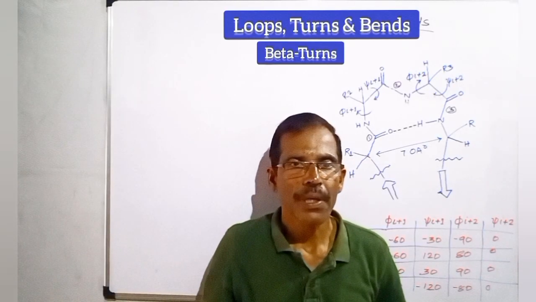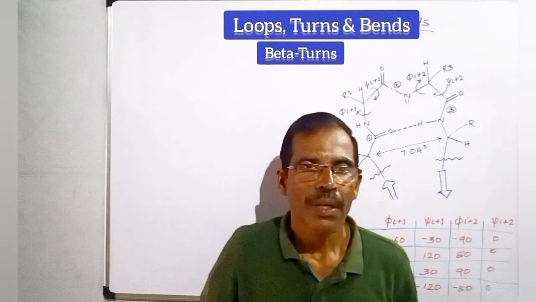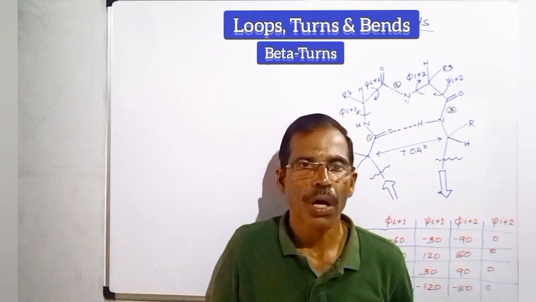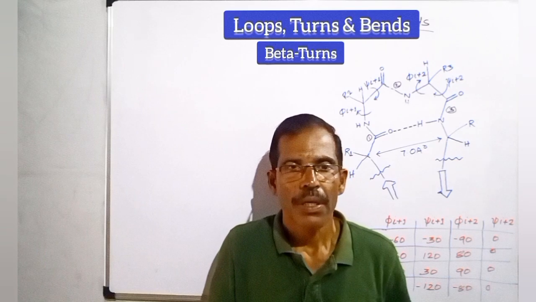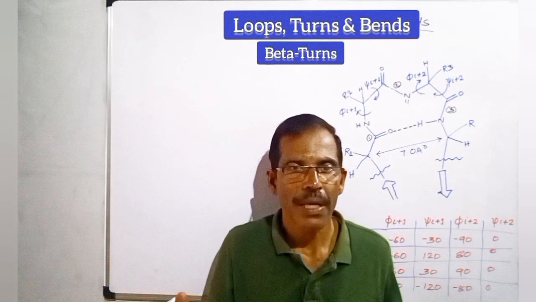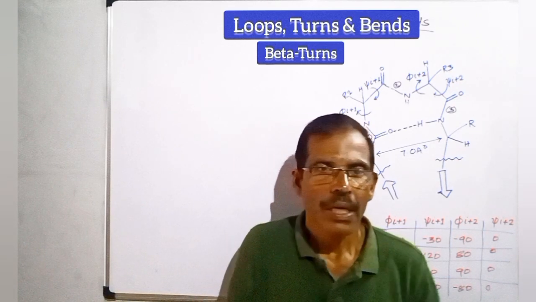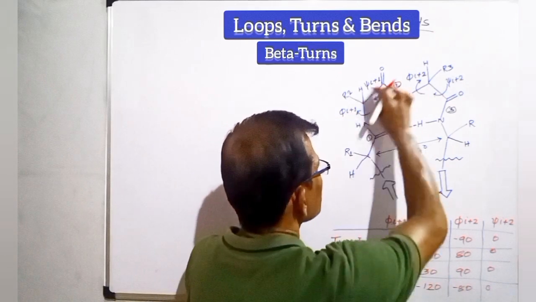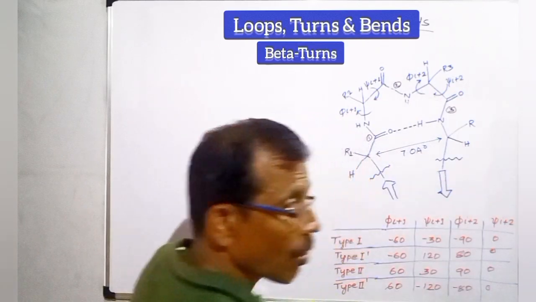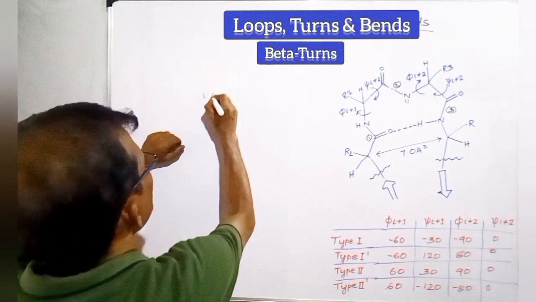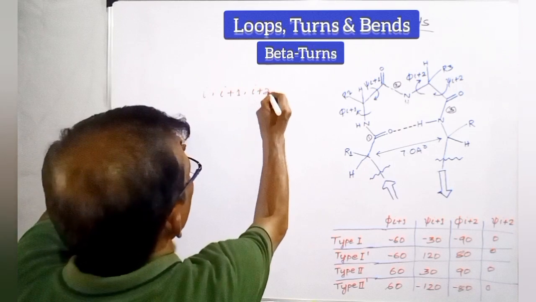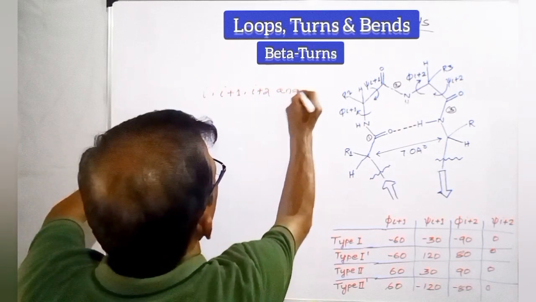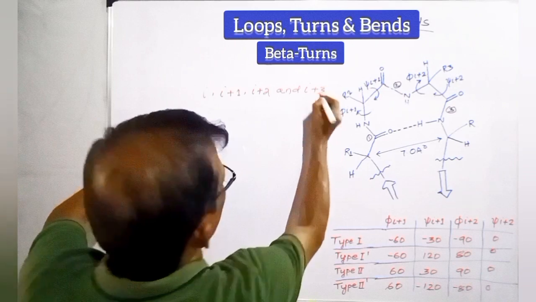Turns are non-repetitive secondary structures. Beta turns are one of the most common structural motifs in proteins. It is also known as tight turn, reverse turn, beta bend and Venkatachalam turn. A beta turn is a 180-degree turn involving 4 amino acids, which are labeled as i+1, i+2 and i+3.